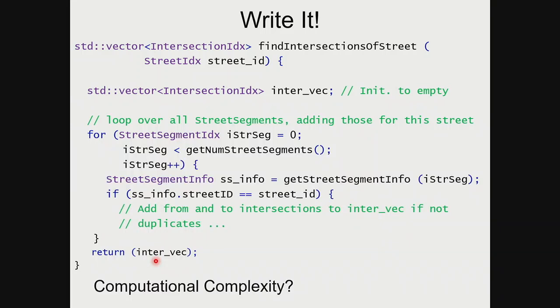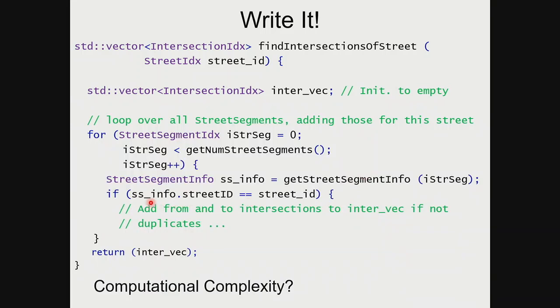Now we need to populate it, or fill it up with data. So we loop over all of the street segments. For each street segment index, remember that the street segment indices go from 0 to the number of street segments minus 1 in the city. We loop over them one by one, and get the info associated with that street segment.